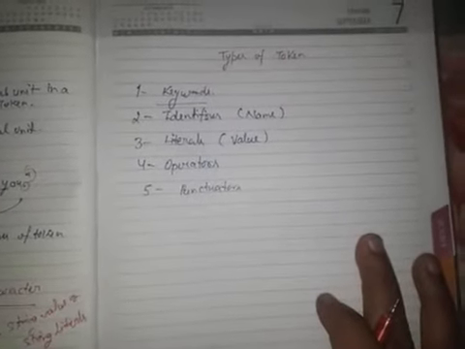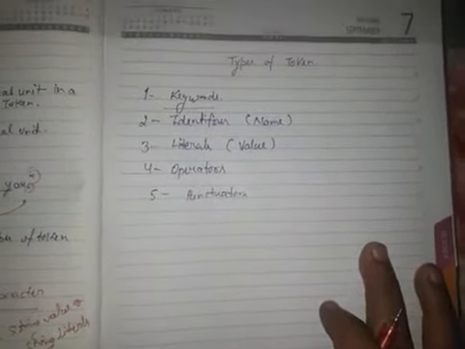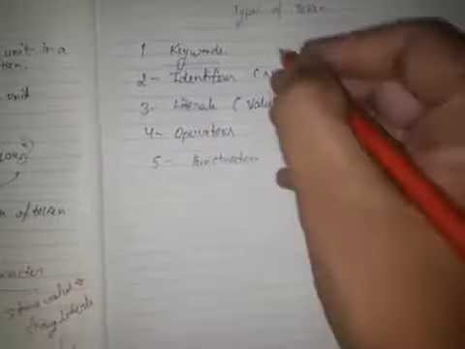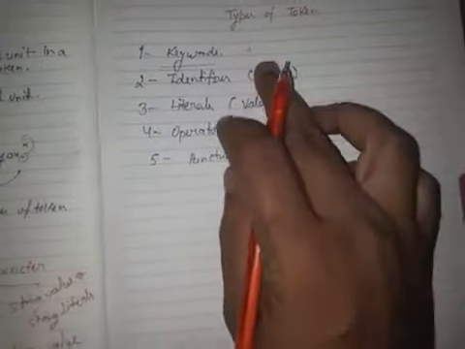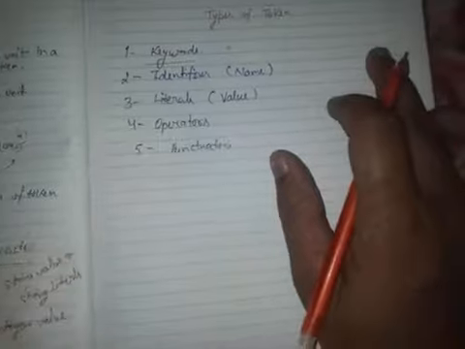so we start with the first. What is a keyword token? A keyword is like a special word, meaning a word having a special meaning that is reserved by a programming language.